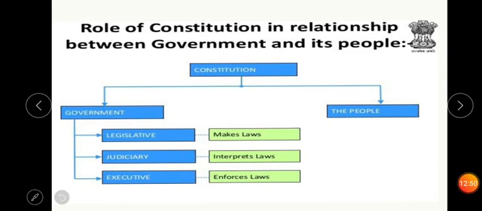Executives have a different working principle: whatever laws are made by the legislature, the executive implements or exercises those laws, and the people take all three kinds of facilities from the different organs of the government.